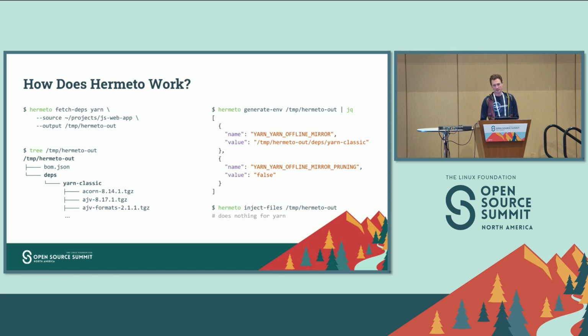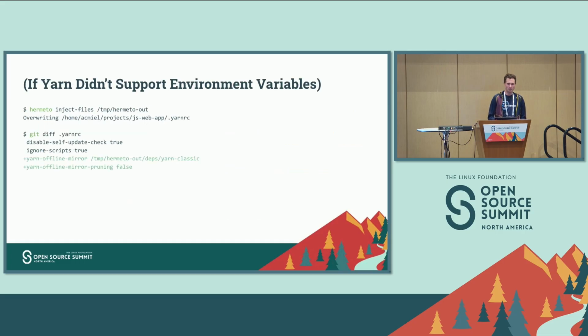And finally, the inject files command does nothing because it doesn't need to do anything specifically for Yarn. If we were dealing with a different package manager, or if Yarn did not support environment variables, what it would do is overwrite the configuration file directly in the source repo to set the options required to enable offline installation.